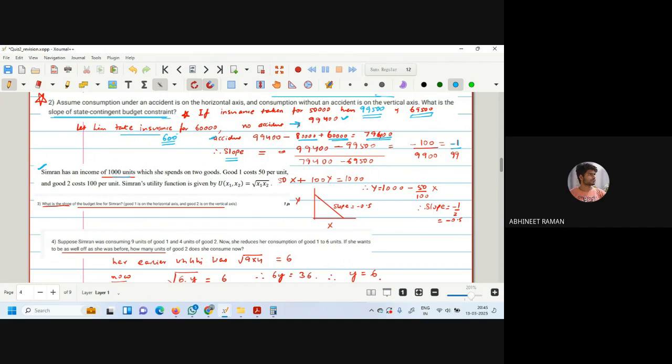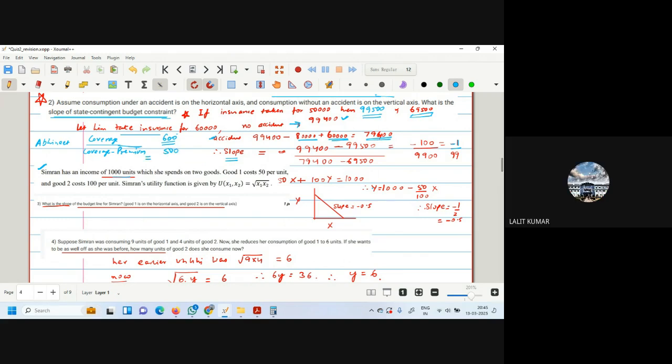One easier method would be in this way: coverage upon coverage minus premium. The simpler method would be coverage upon coverage minus premium. And slope is always negative, so minus.